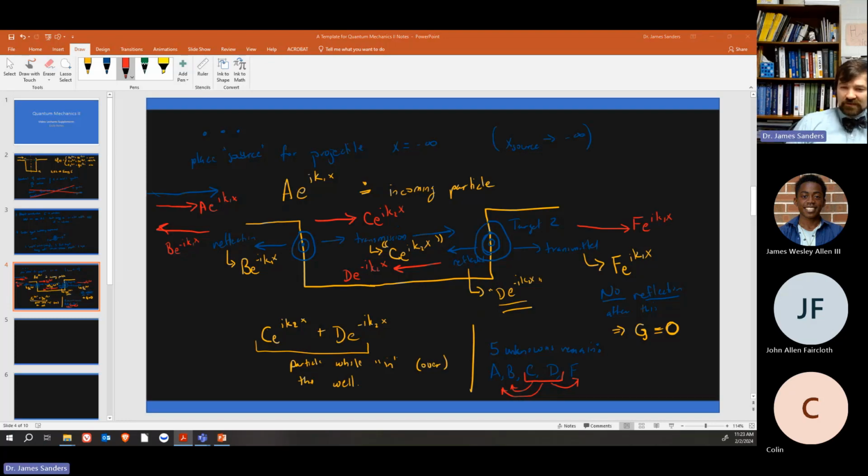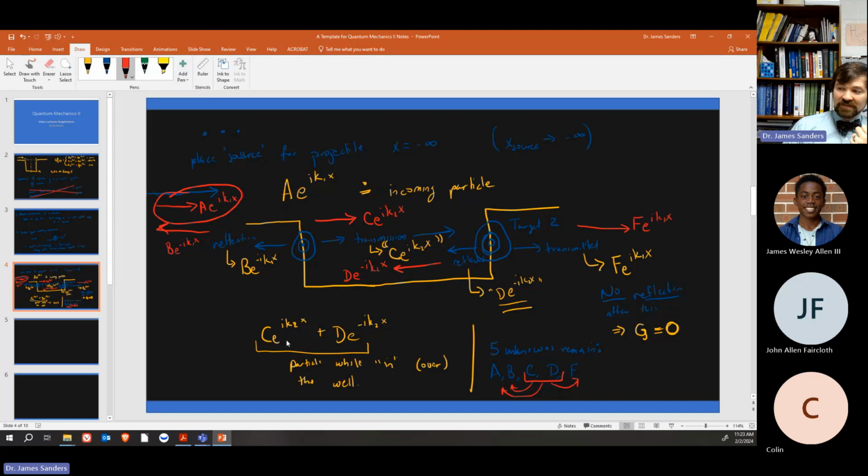How might we try to get rid of these guys? Well, one way is that we can note that because this one right here is incident, in some sense, all the other amplitudes must add up somehow to be this.